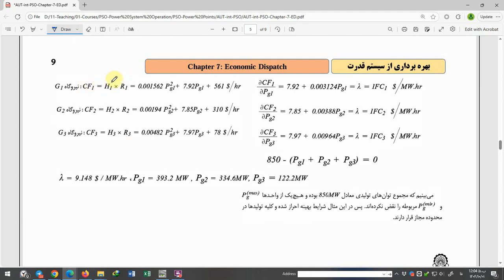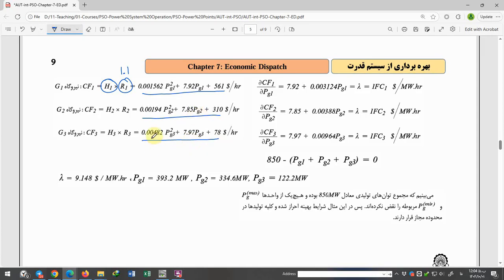Okay, we find the cost function with R1 1.1 in heat rate, and the cost function is here, cost function of 2 for generator 2, generator 3, power plant 3.